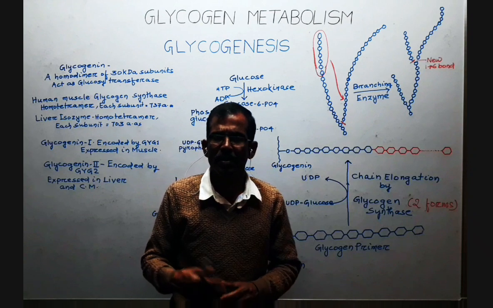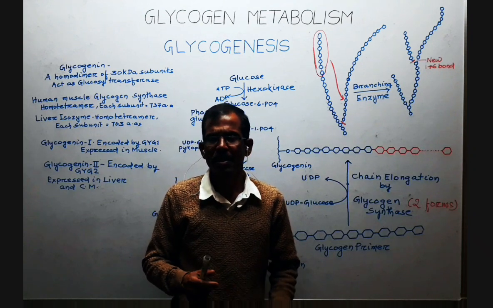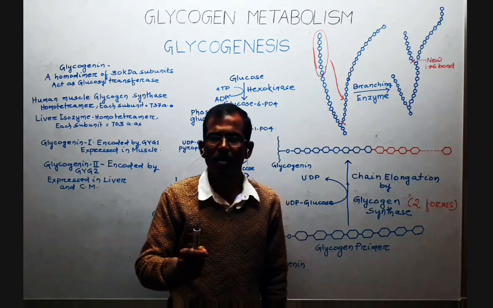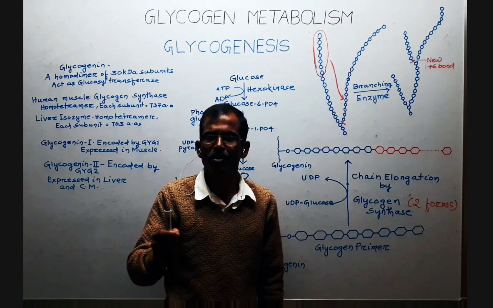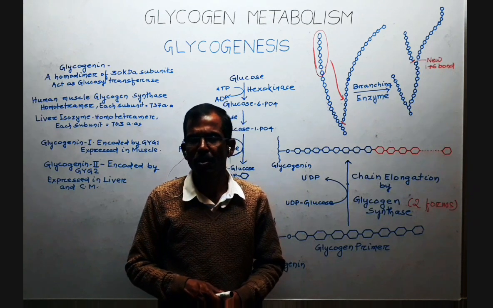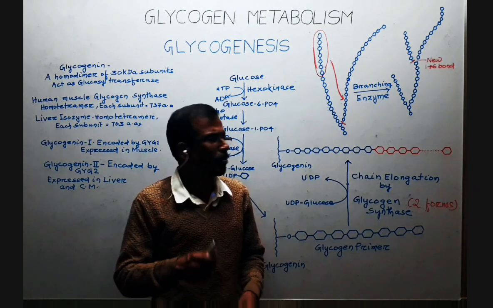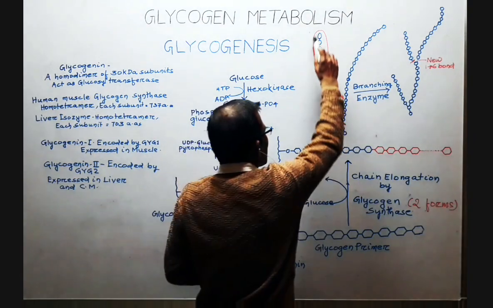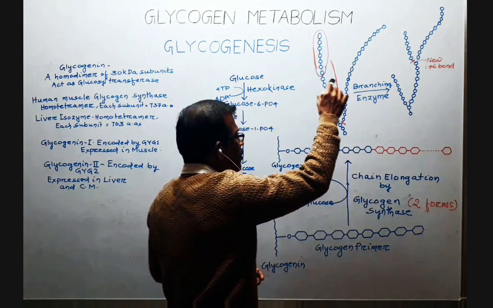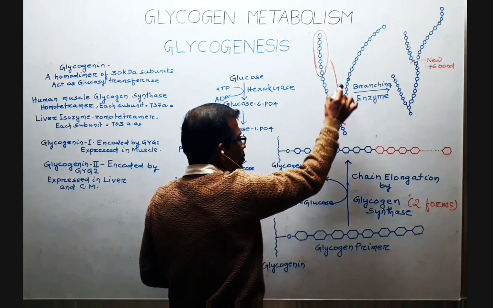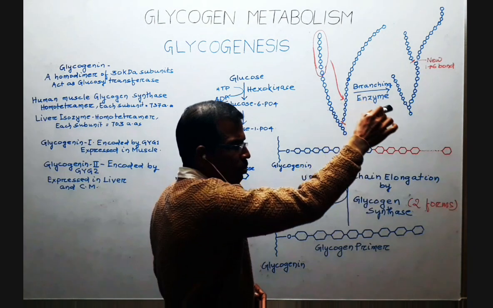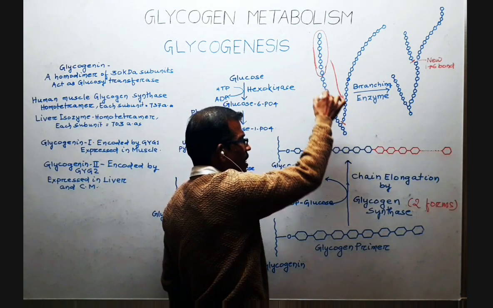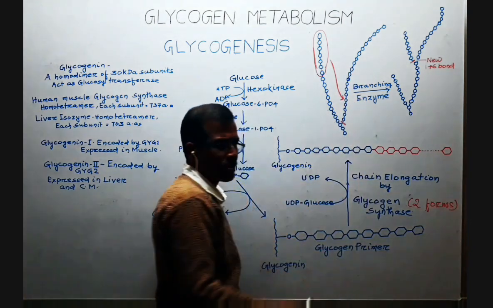Next step is branching. Branching is accomplished by another enzyme known as amylo-1,4-1,6 transglycosylase, which is also known as branching enzyme. Branching enzyme catalyzes the transfer of a 7 residue segment from the end of one chain to the C6 hydroxyl group of a glucose molecule that is present on the same chain or another chain.